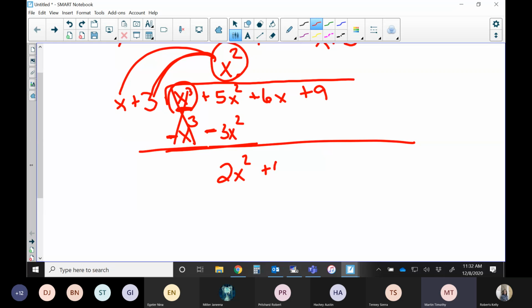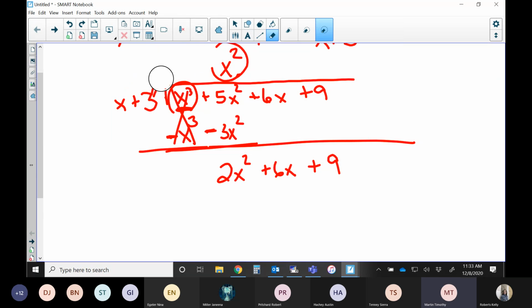And then you drop the rest of it down. Does that make sense for the first part? I'm not finished with this problem, but does that make sense for the first part? Yeah. That makes sense. We're going to do that same thing over and over again.